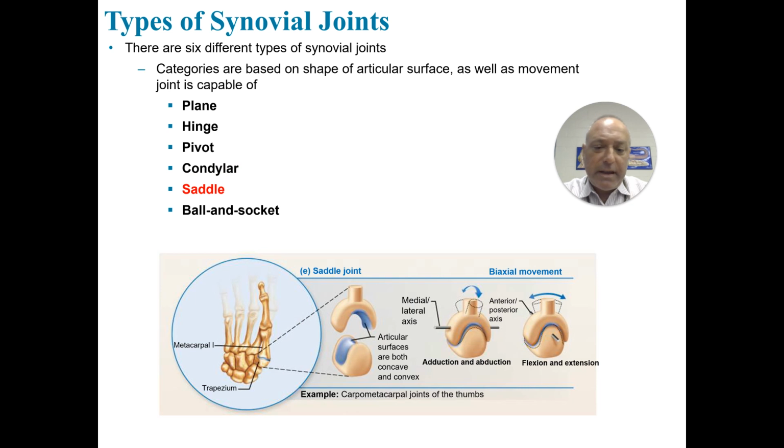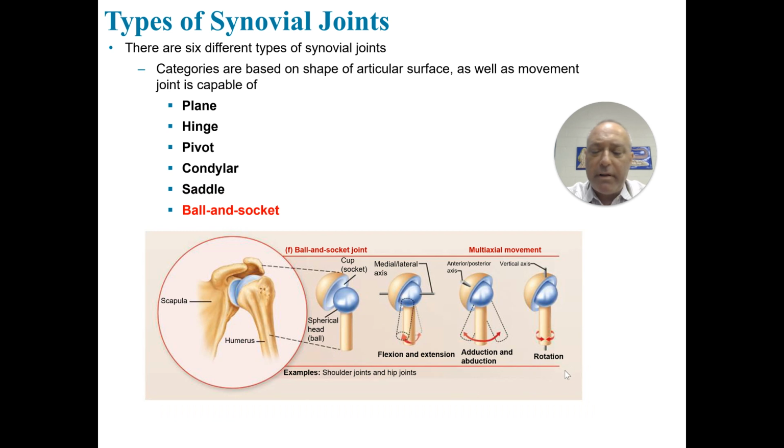Saddle joints, they kind of look like a saddle you put on a horse. These are biaxial movements, so they allow adduction and abduction, as well as flexion and extension. This is something you could see in the carpals and metacarpals.